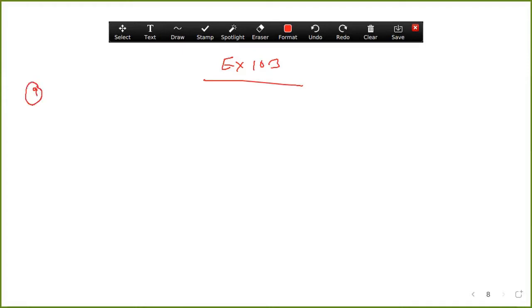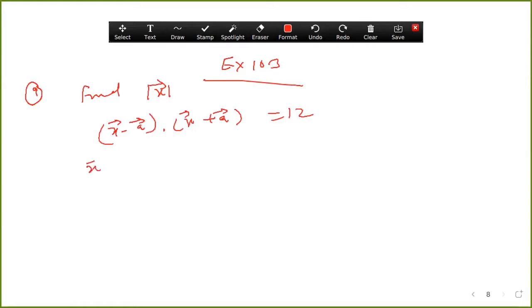Here you have to find the magnitude of vector x if for a unit vector A, (x minus A) dot product with (x plus A) is equal to 12. Now you can multiply them: x dot x minus A dot x plus x dot A minus A dot A equals 12.